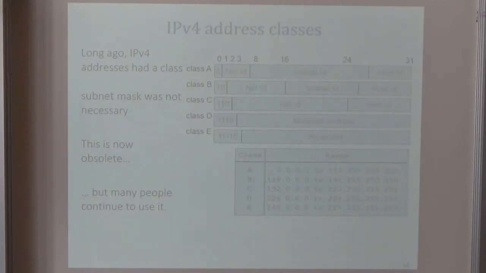That is in the very beginning of class B, so EPFL was one of the very first institutions to have an IP address. Class C starts at 192. And the idea was that in a class A network, the prefix is 8 bits. In a class B network, the prefix is 16 bits. And in a class C network, the prefix is 24 bits. So that would mean we don't need a mask if we have that.